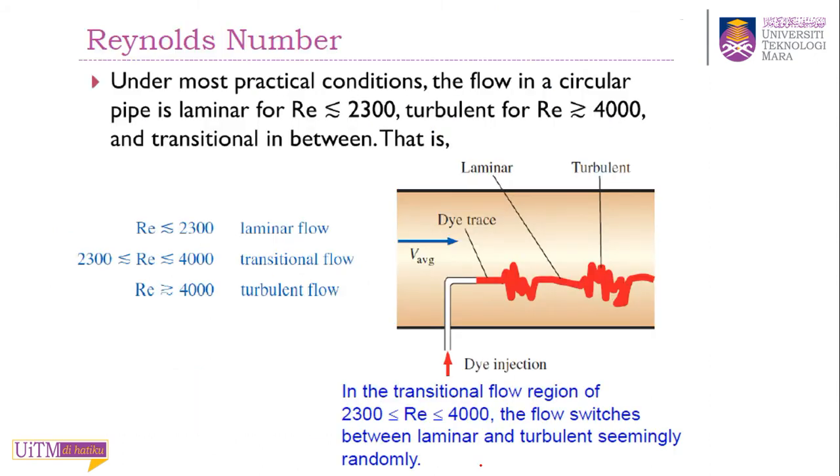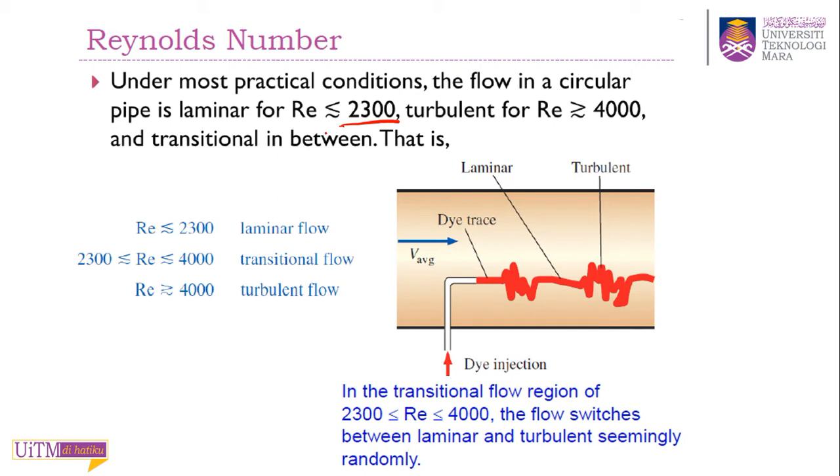So we can move on. Reynolds number. Under most practical conditions, the flow in a circular pipe is laminar for Reynolds number below this number. We already touched this.